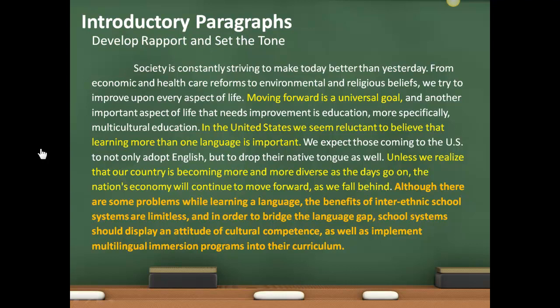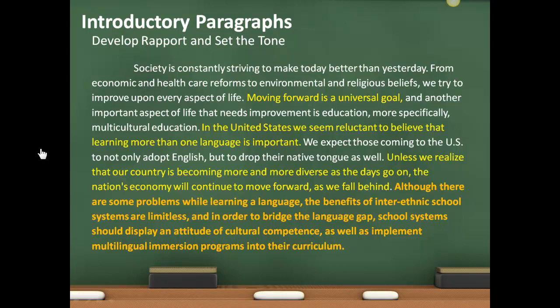And the reason I've got that in yellow there for you is because I think it emphasizes how she's trying to connect to the reader, indicating that I'm talking about something everybody can believe and a feeling that everybody shares in, and that way trying to get the reader thinking that, oh yeah, I do want to move forward. I think the same way this author thinks.